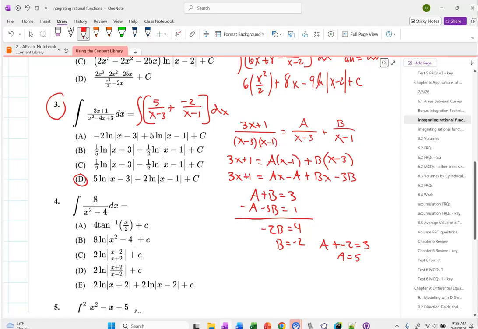Lucy. So I know that when I add the x terms, they have to add up to 3x, right? So a plus b has to give me the 3, because those are the coefficients on the x terms.